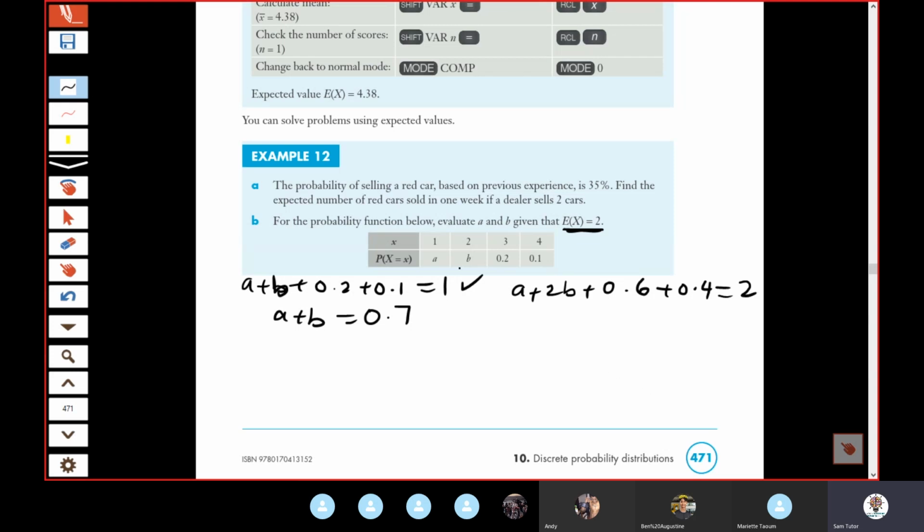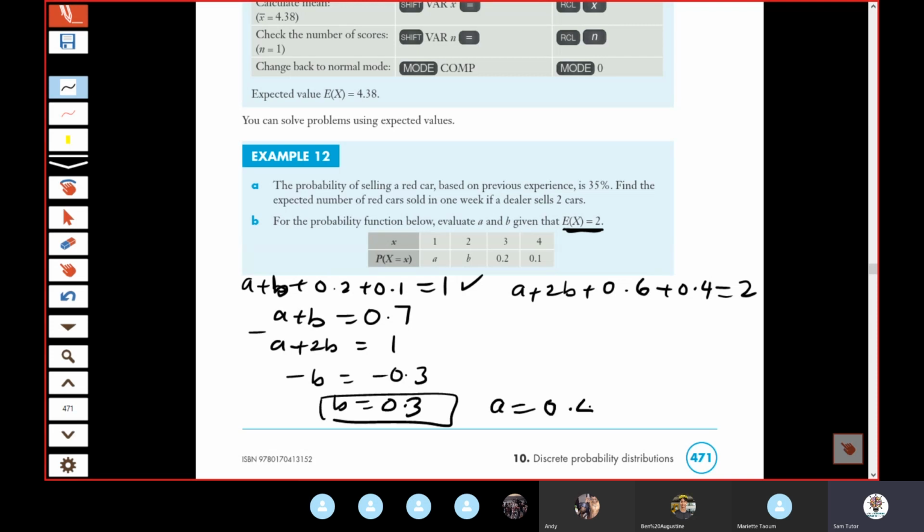And then, like always, when you're missing 2 letters, you've got to solve simultaneously. A plus 2B equals 1.2 take away 1 is 1. Subtract everything. That gets me negative B equals negative 0.3, so B equals 0.3, which means A equals 0.4.